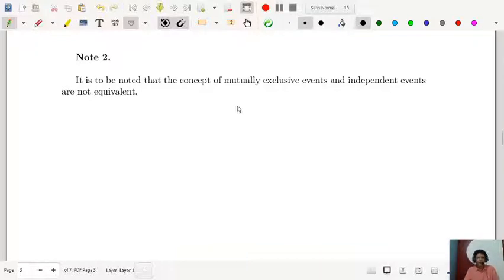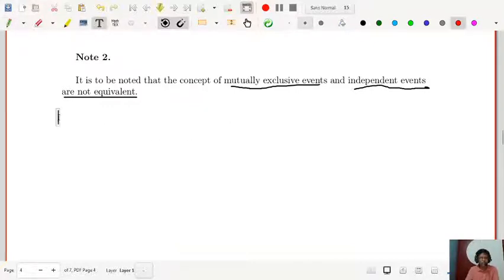Next is that it is to be noted that the concepts of mutually exclusive events and independent events are not equivalent. We'll give you two examples to verify the result.